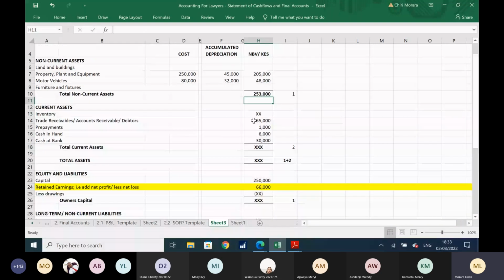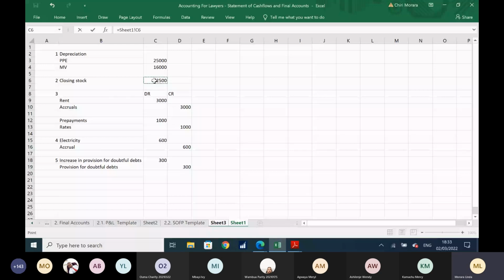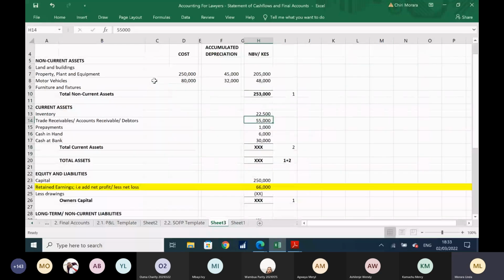We didn't have any inventory, but our closing inventory actually was 22,500. Yeah. So then our total here is our total current assets, just a summation of that. So our total here is that plus that, your current plus non-current assets.